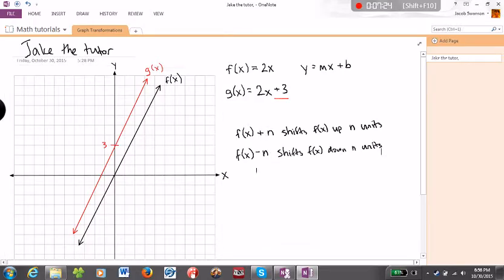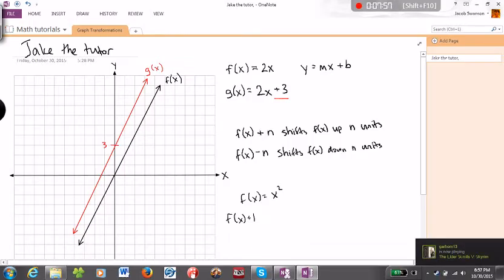If you have f of x equals x squared and you want to shift it up 1 unit, you just write f of x plus 1, because f of x plus n shifts it up, and when n equals 1, it shifts it up 1 unit.